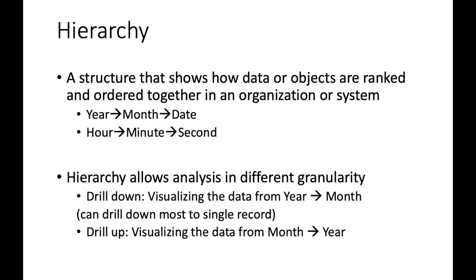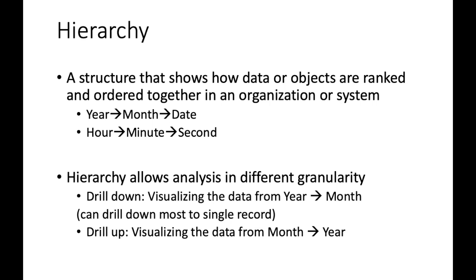Next, we will talk about aggregation and hierarchy. Hierarchy is like a structure that shows how data or objects are ranked and ordered together in an organization or system. So normally hierarchy would mean that you have a set of data with different parameters that are related to each other in a hierarchy level.